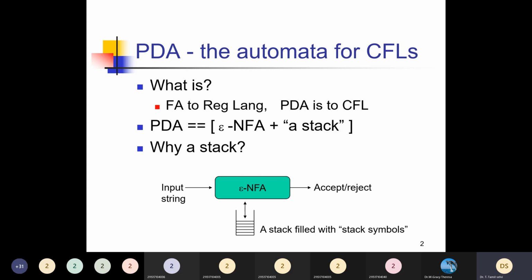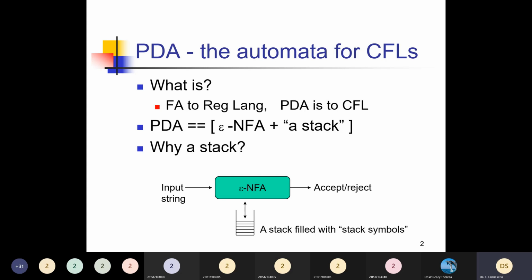It is a model which accepts the context free languages. We have two different kinds of representation in PDA: the transition diagrammatical representation, and then the transition function representation. Here we are not using the table representation with rows and columns, like our finite automata.